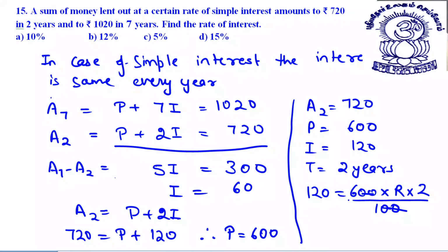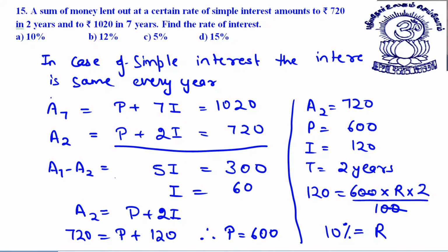Then we have 6 into 12. So finally I get R is equal to 12 cancel from 120 will give me R is equal to 10% per annum. Do we have any such option? Yes, we have option number A as our answer.